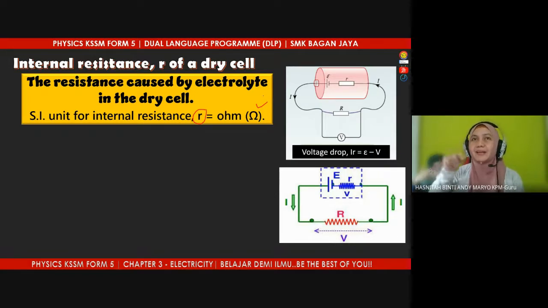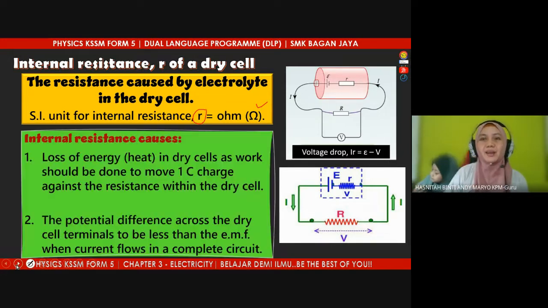So big R is resistance in a wire, small r is internal resistance in a battery. I repeat, big R is resistance in a wire or in a conductor or in any electrical component, while small r goes for internal resistance inside a dry cell.